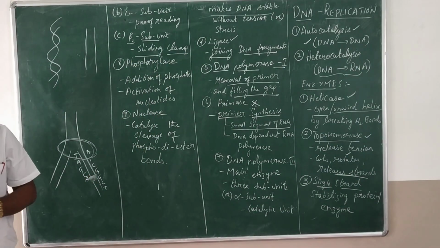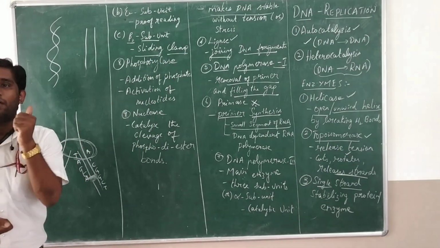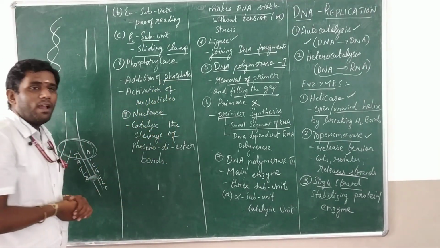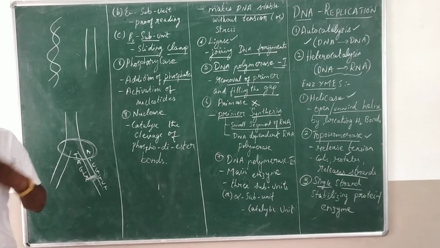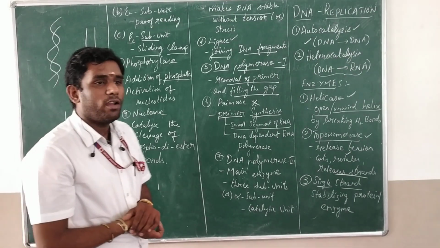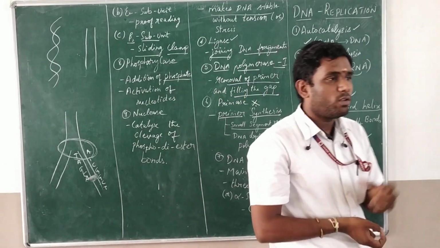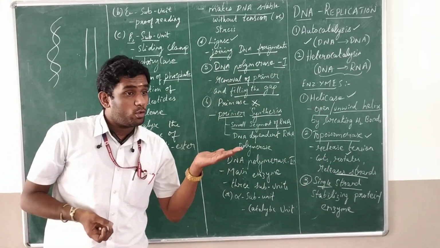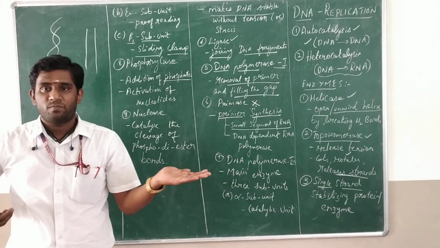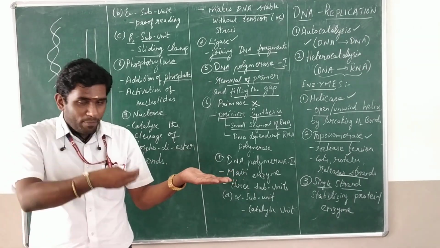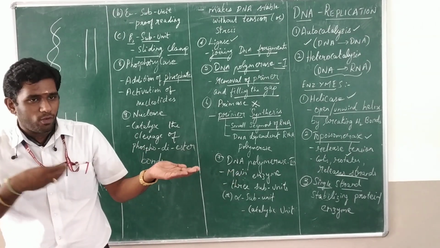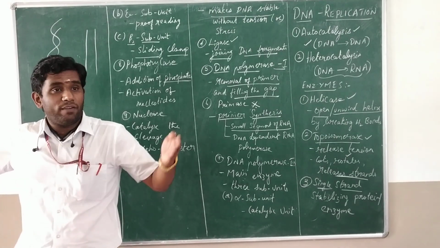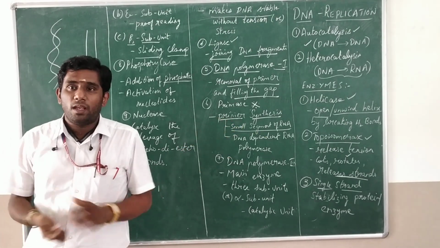Clear, children? Now the next enzyme is phosphorylase. This phosphorylase is for addition of phosphate, the phosphoric acid which we saw in the structure of the nucleotide. That phosphoric acid has to be added to make a nucleoside into a nucleotide. If I keep adding a phosphate linkage to a nucleoside, it becomes a nucleotide, and a series of nucleotides will become one big nucleic acid.